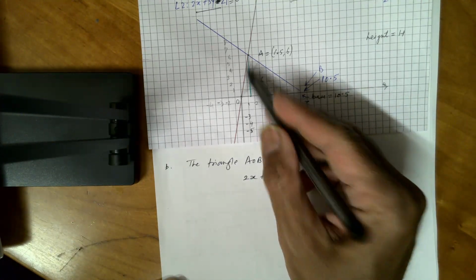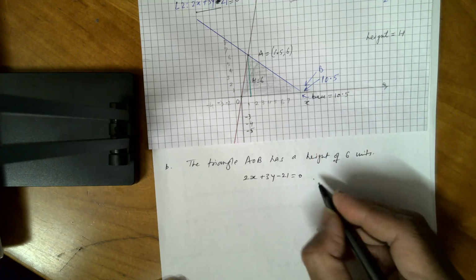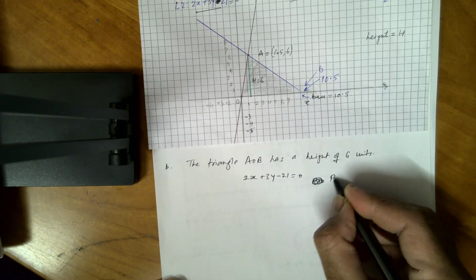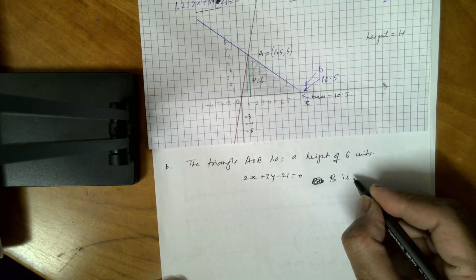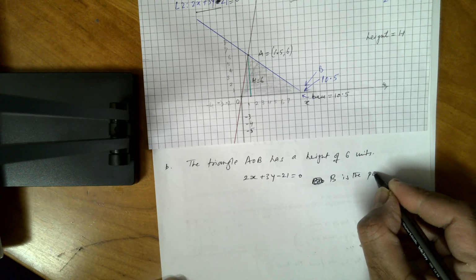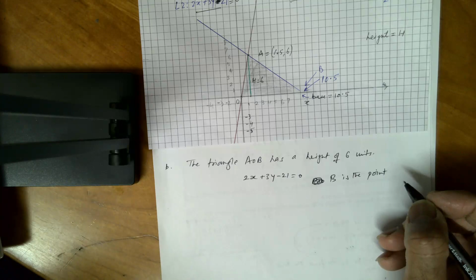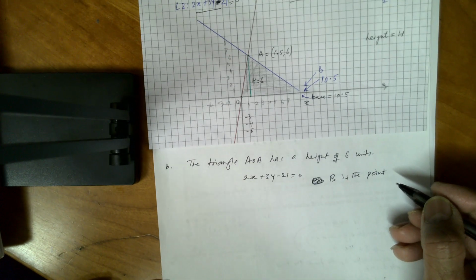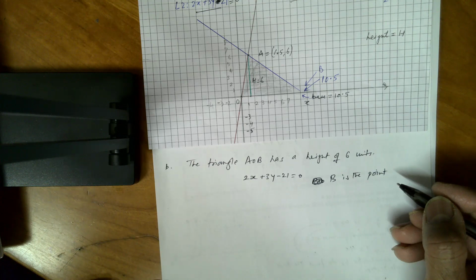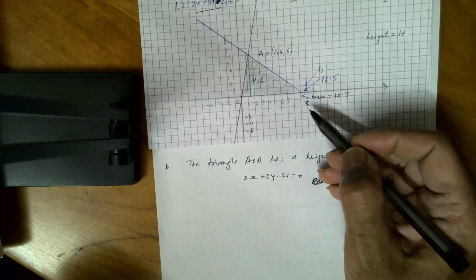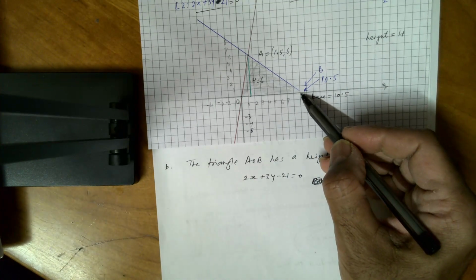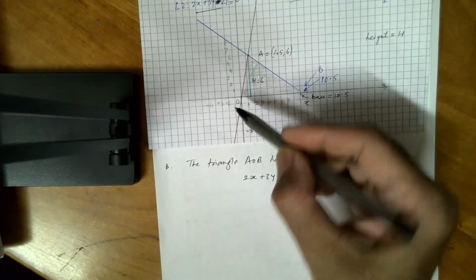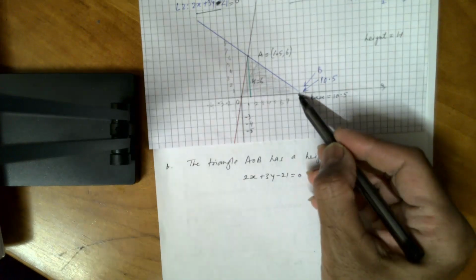So this is your B. So B is the point where the line L2 intersects the x-axis. Okay, at B, the y coordinate is 0. So at this intersection, it's only the x-axis you have. However, your y here is 0.